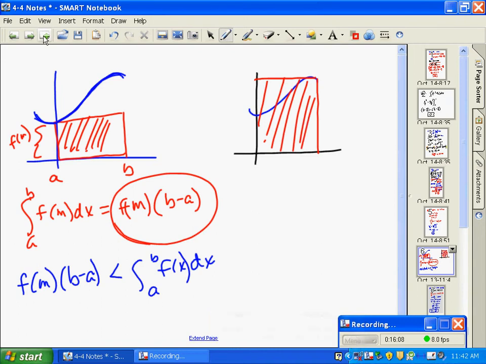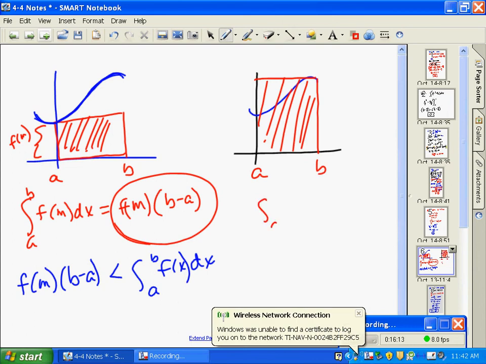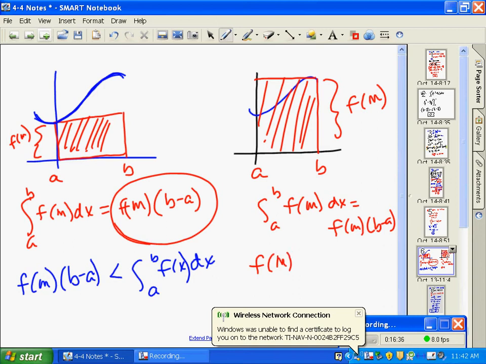So if I look at this one, where I have again a to b, the integral from a to b, we're going to call this height here f of capital M. And I'm going to say that's approximately equal to f of M times b minus a. Well, that's not really a good estimate, because in this case f of capital M times b minus a is going to be larger than my integral from a to b. You with me on that?